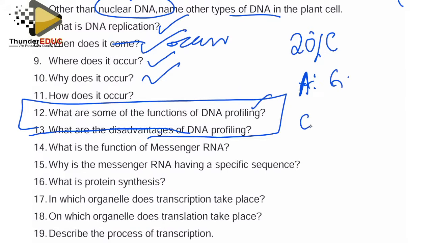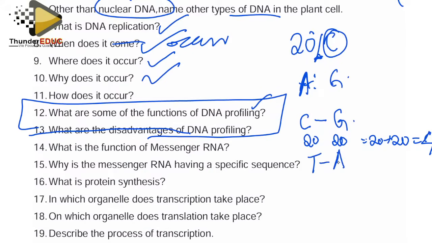I know that cytosine, what they gave you, is what you start with. So C goes with G, and if C is 20, G is also 20. Because this is a percentage, 20 plus 20 is equal to 40. So for thymine and adenine, the balance will be 100 minus 40, which gives me 60.